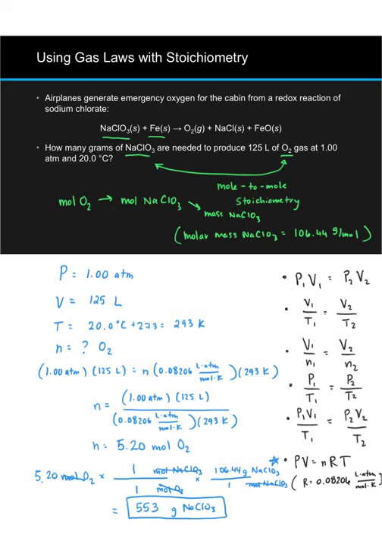Know that the ideal gas law pertains only to gases. So we can only apply the ideal gas law to the only gas that's present in the chemical reaction up above. And from that gas, we can perform the rest of the stoichiometry associated with the reaction.